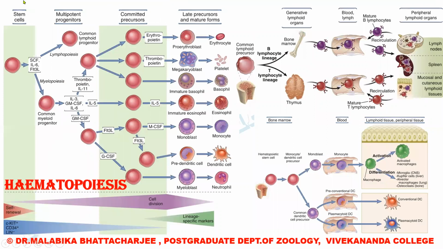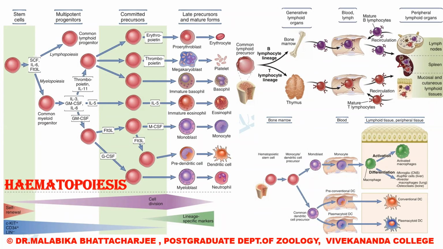Now, this is a structure of hematopoiesis. That is how our immune cells have developed. If you look into this particular picture, this is a big picture, so you need to concentrate. This is a stem cell. And from the stem cell, we have two common multipotent progenitors, depending on the cytokines that are liberated at the given moment. Now, we have a common lymphoid progenitor by the process of lymphopoiesis, or a common myeloid progenitor by the process of myelopoiesis.